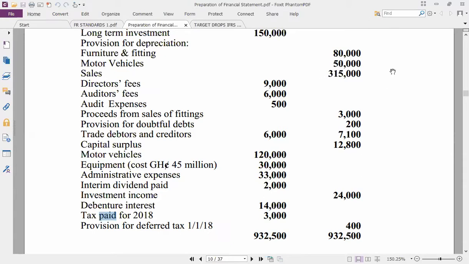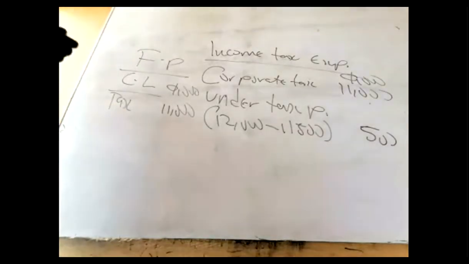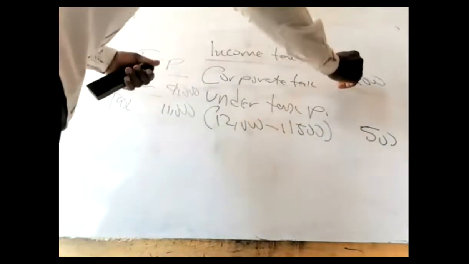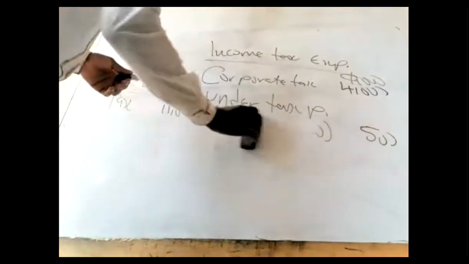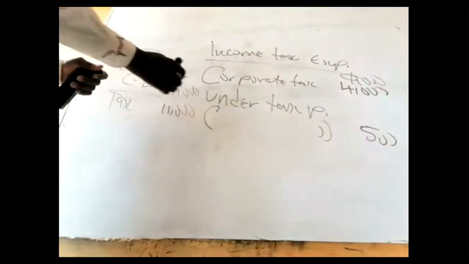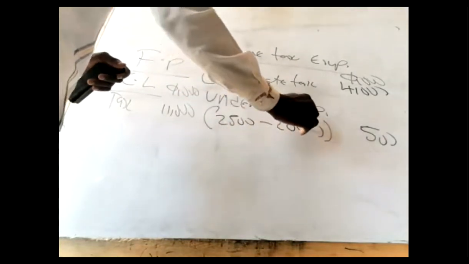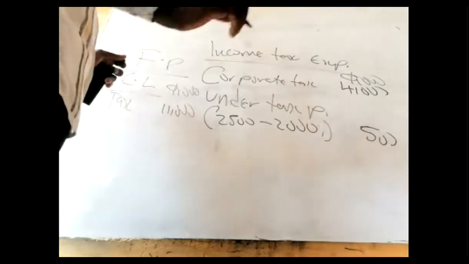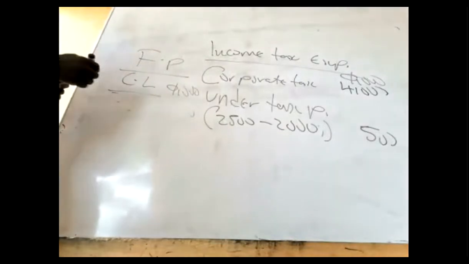So let's see. The first, there's a tax provision of 4,000. Tax provision of 4,000. That's the first thing. There was an under of 2,500 minus 2,000, and that gives us 500. So that is it. Second, when I go to my current liability, the tax bill is as follows.